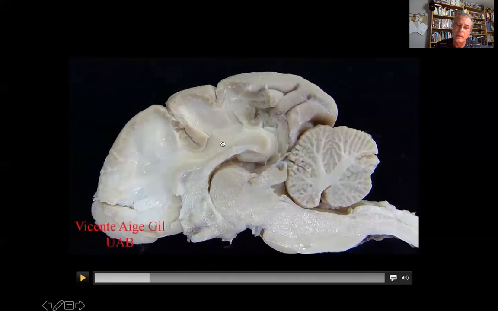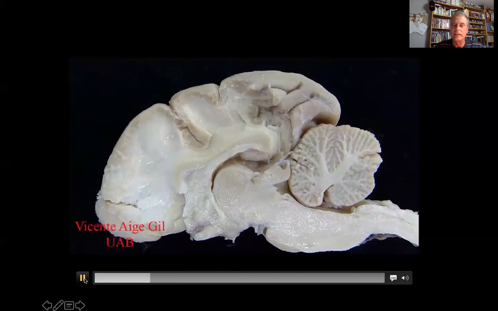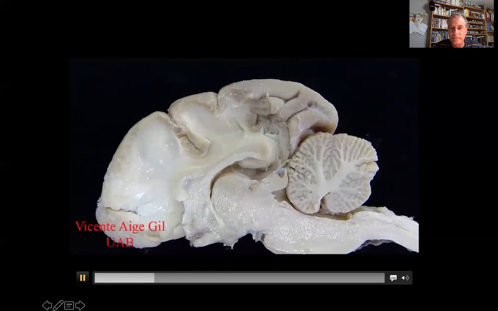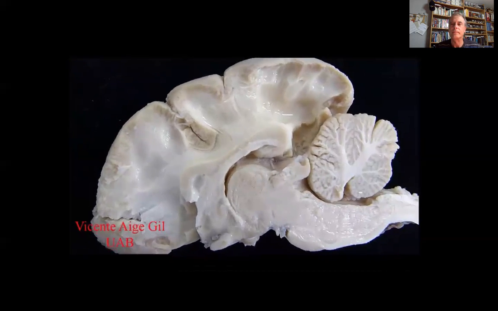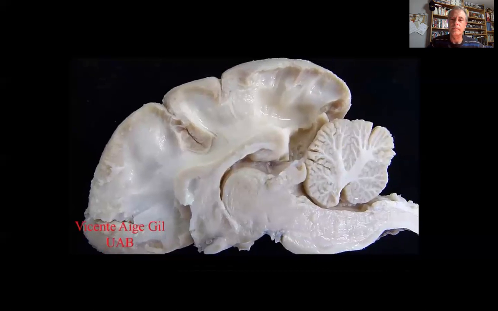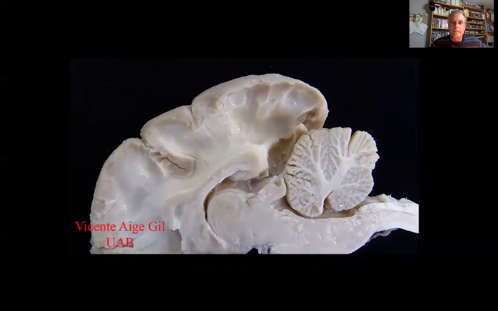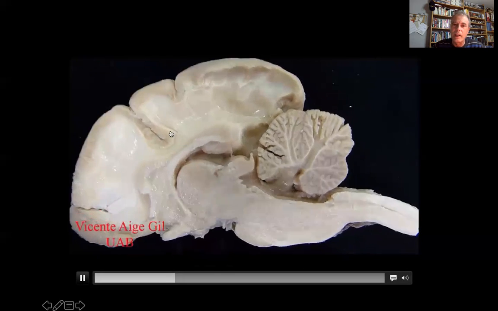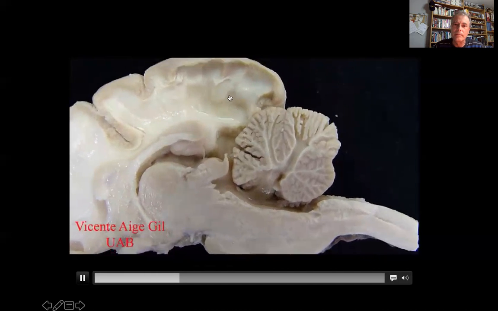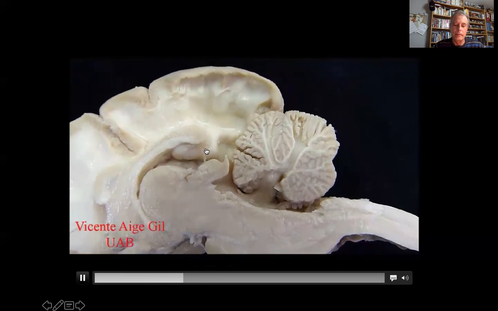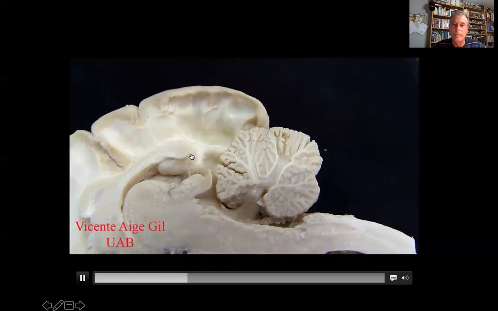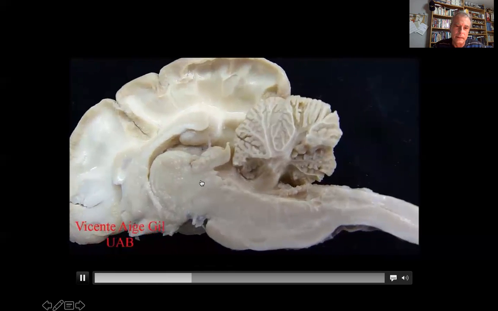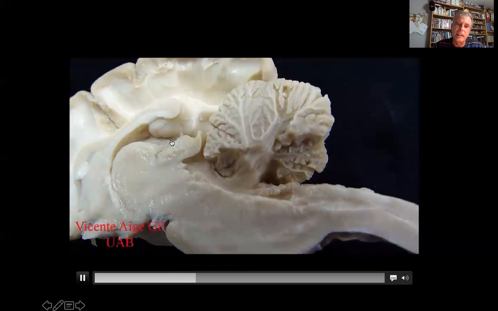And as you see, these fibers are fibers from the corpus callosum, and these are fibers from the corona radiata. Okay. We have removed the splenial gyrus. And we identify here the dentate gyrus.